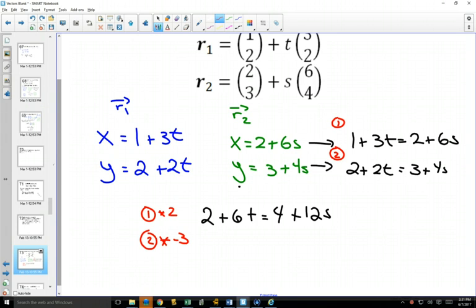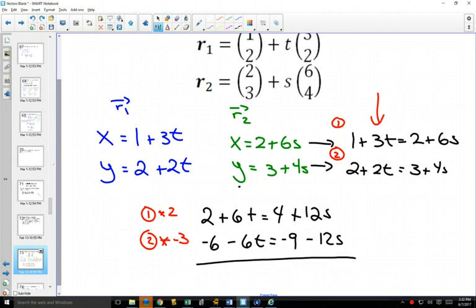My idea here is I was looking at my t values and I tried to get my coefficients of t the same, but one positive, one negative, because then if I use elimination, I could just add them together. So when I multiply by negative 3, I'm going to get negative 6 minus 6t equals negative 9 minus 12s.